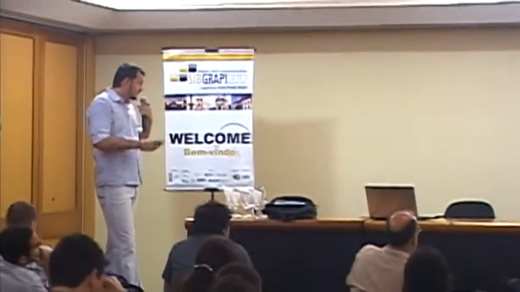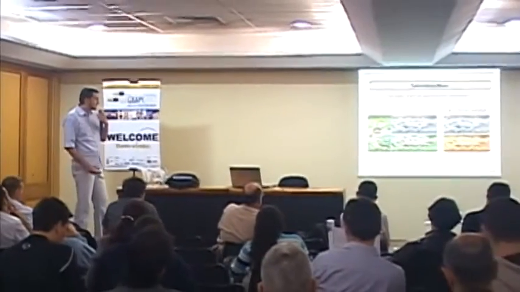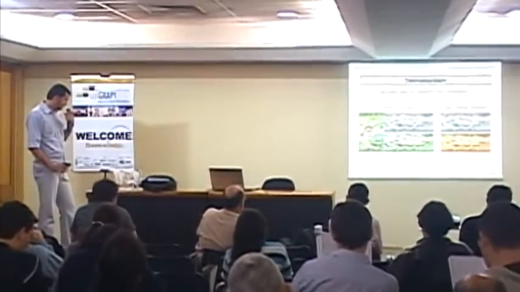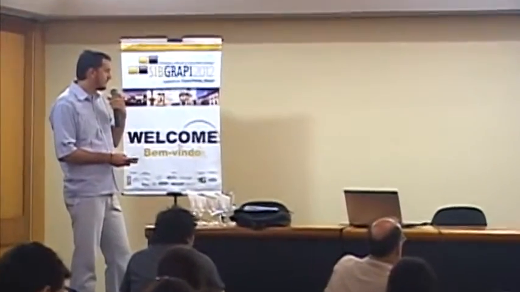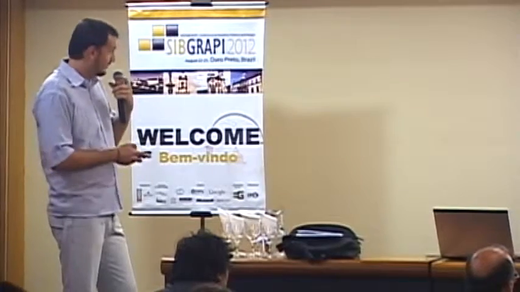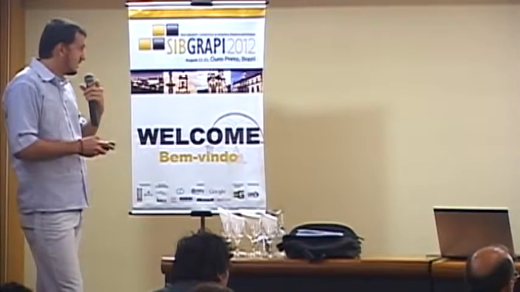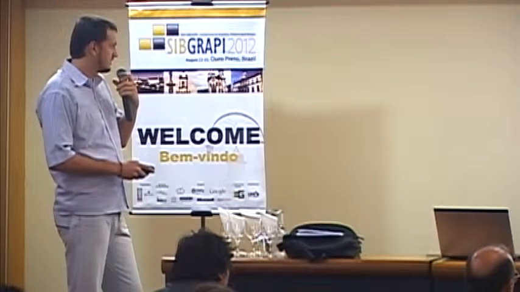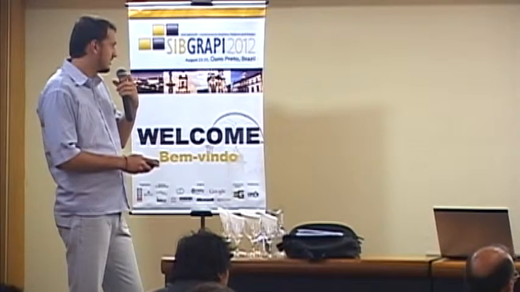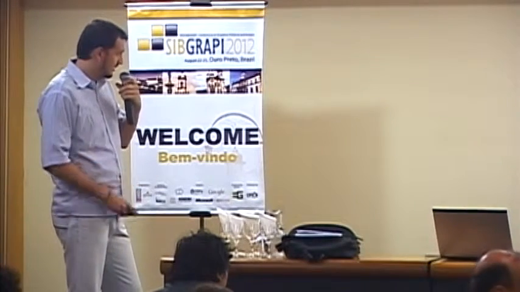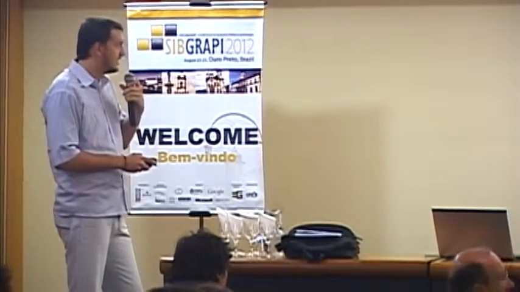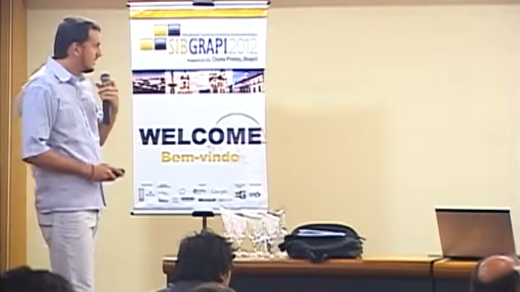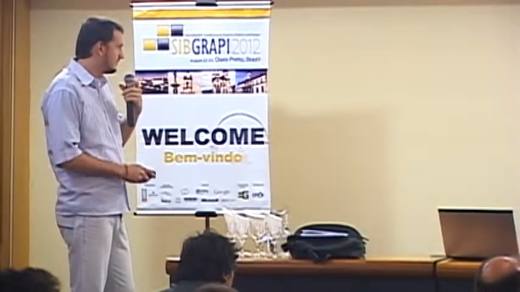Essentially, there are two basic ways to perform this colorization. Obviously, there are others, but the classical ways are the following. The first one is the example-based approach. The methods based on example take into account the target image, the grayscale image in this case, and a sample color image.